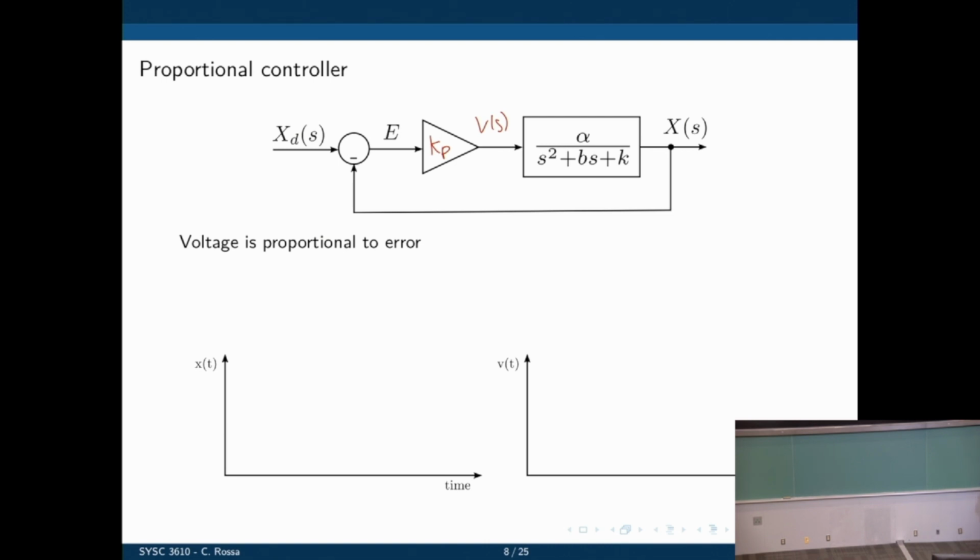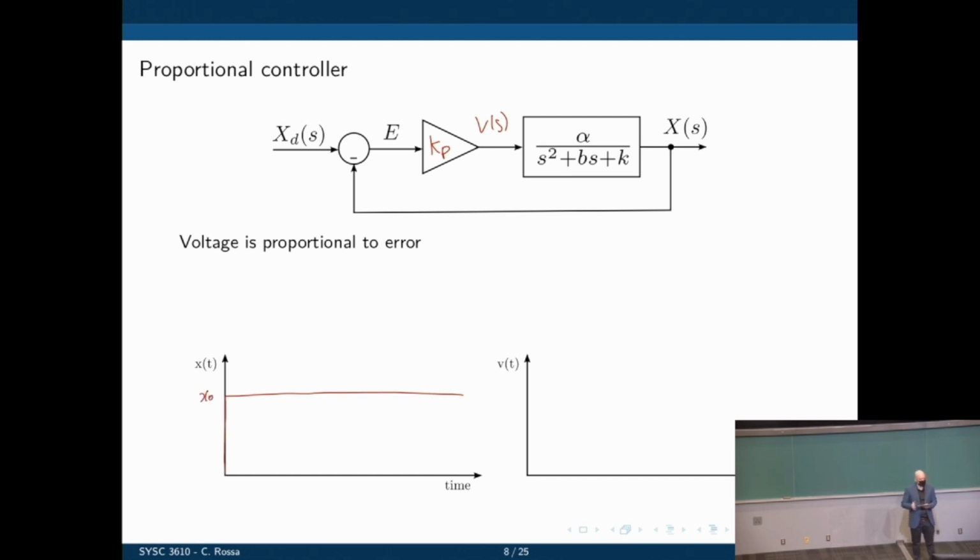And let's see what happens over time now. So with the proportional controller, we want the system to go to x0. So we could have a desired output here as a step of magnitude x0.